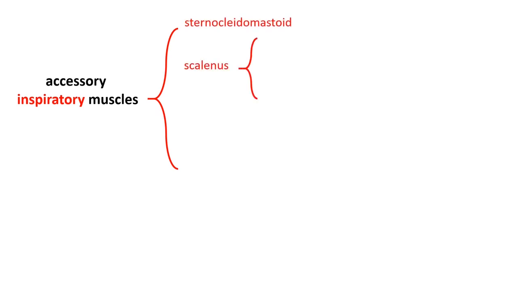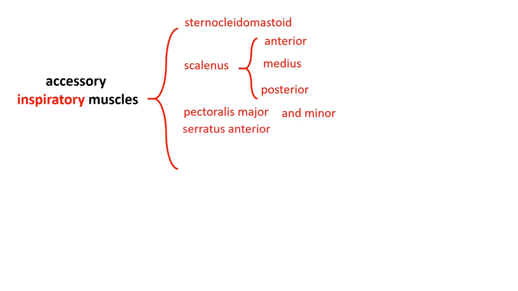These muscles that this athlete was using are called accessory inspiratory muscles. Now we have a group of muscles. There is no use of mentioning their names because it's going to be strange for you, but we will see some of them.